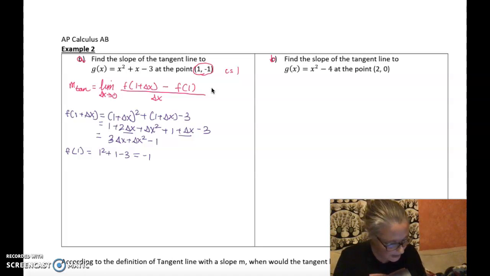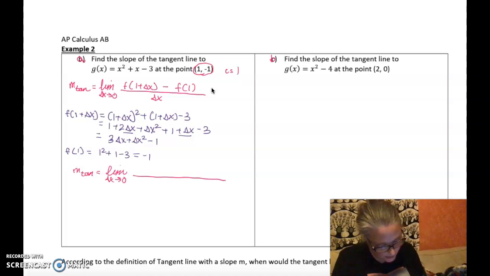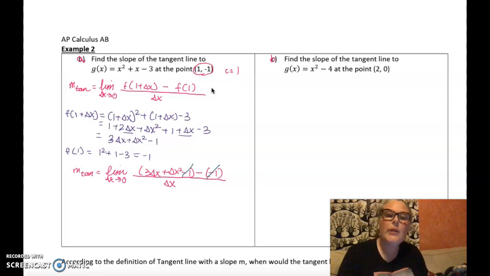So putting that back into the limit definition and simplifying a bit, I get 3 delta x plus delta x squared minus 1 minus a -1 over delta x. What happens is that these two cancel out, because it's -1 minus -1 becomes a +1.